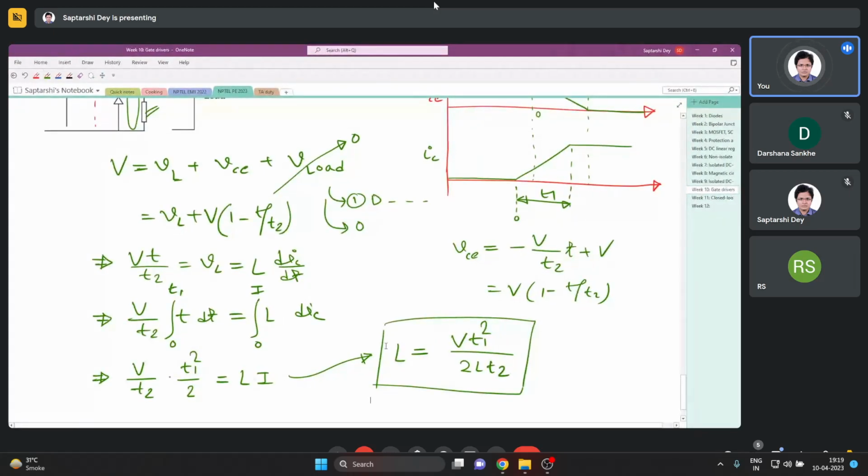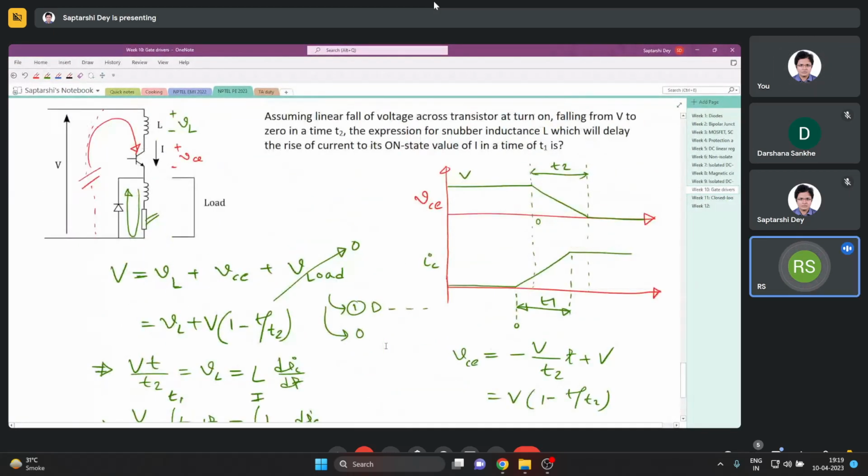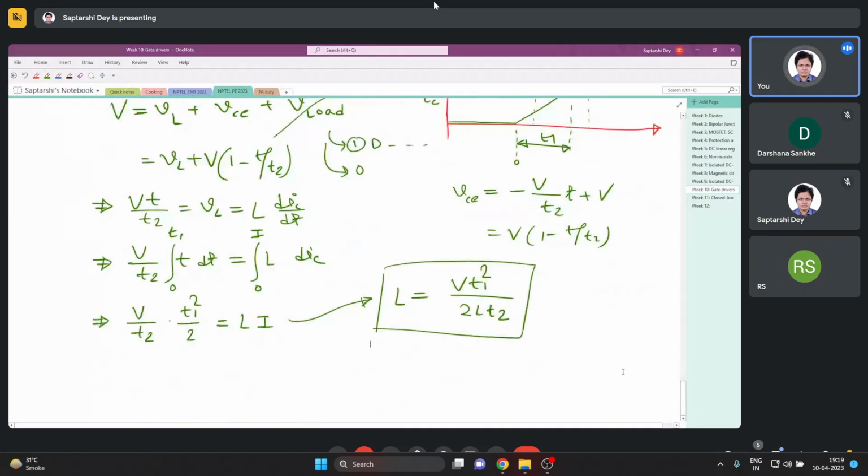So this is the inductance that we will need for this operation. This I is that steady state on-state current.